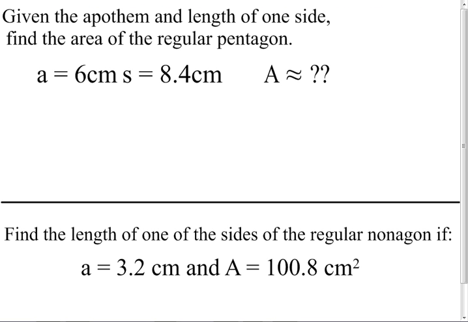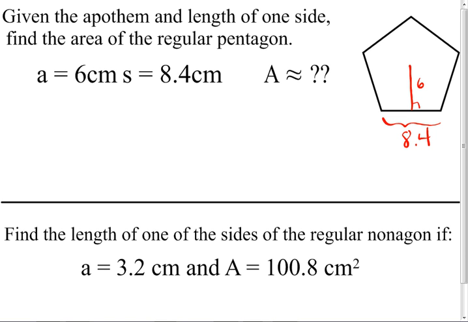Now, I can draw the picture. For some of you who are visual learners, you would prefer to see the picture of my pentagon, so I'm going to draw it. And it says A is 6 centimeters, so that's this, 6. The side is 8.4. And I want to find the area. It says it's a regular pentagon.